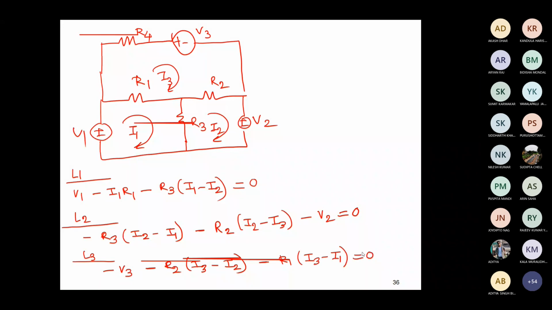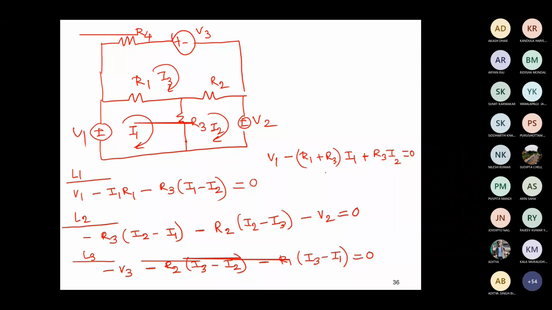So from here, if we just take the coefficient of I1 and I2 separately, then it is R1 plus R3 into I1 minus R3. No, this is plus actually. R3 I2 equal to 0.